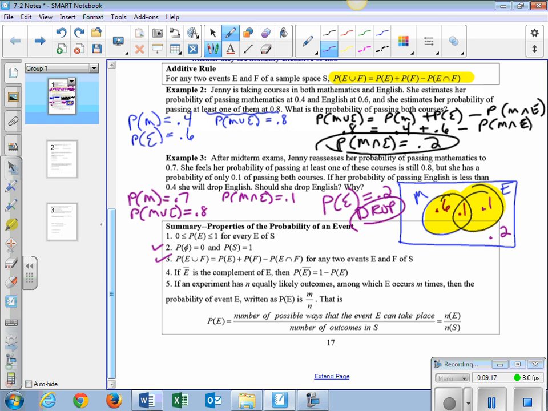Here's our additive rule for number 3. Number 4, the complement. If not E is the complement of E, the probability of not E is 1 minus the probability of E. We'll talk about that more today. If an experiment has n equally likely outcomes, so if we have equally likely outcomes, here we have a probability of the number of ways something can happen over its total sample space. So there it is, just a nice little summary.